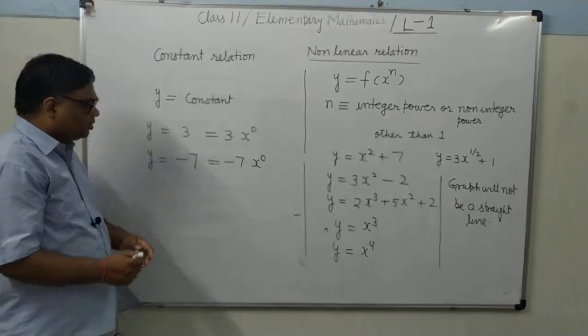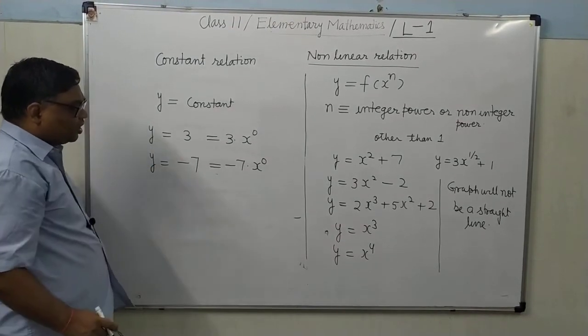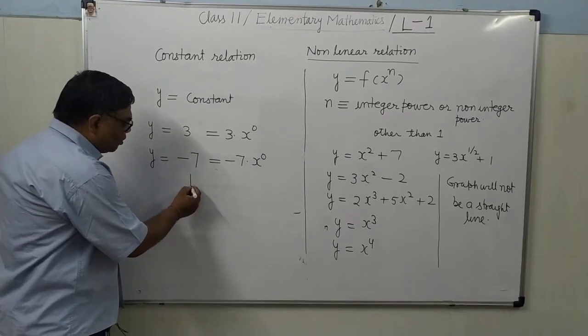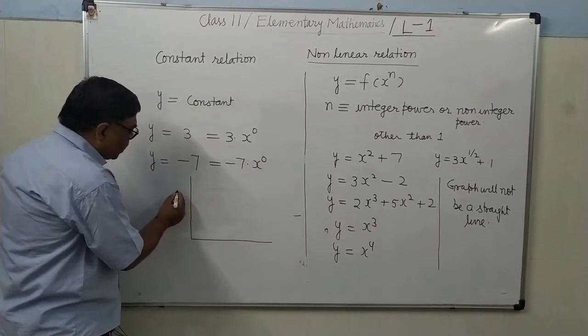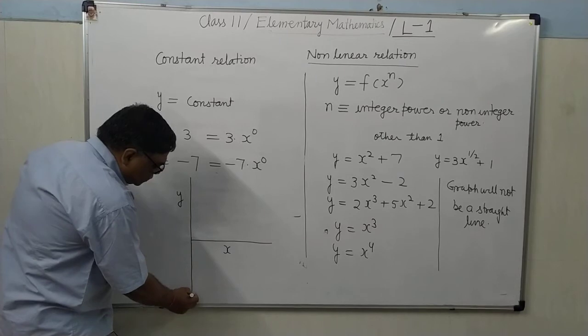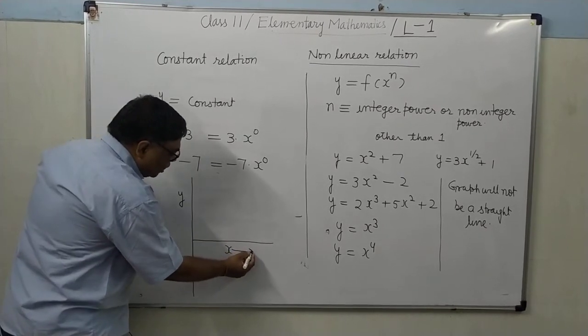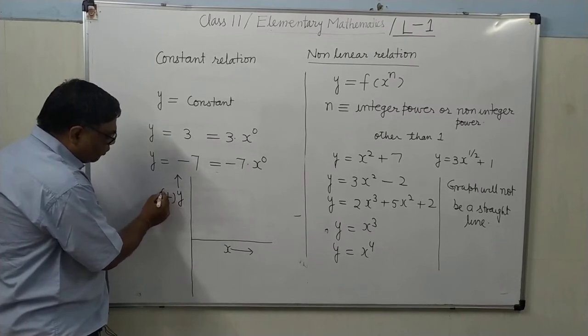And what will be its graph? These are the constant relationships. And here what will be the graph? The graph will be a straight line but parallel to the x-axis. Is it clear? This is the y versus x curve. On this side there are the positive values of y.